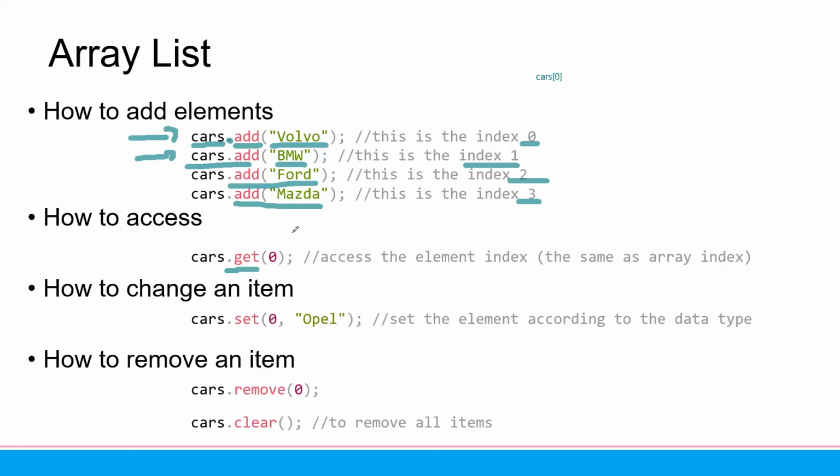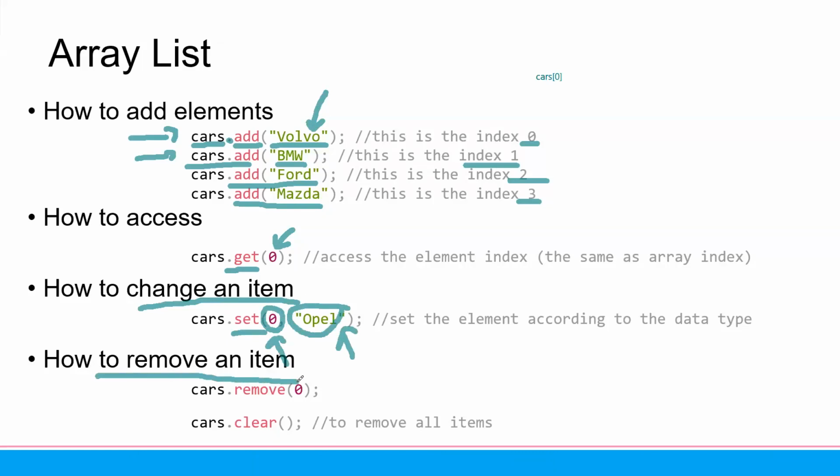In this case, I'm going to get index 0. And I can change the item. Let's say I'm going to change index 0. The original value is Volvo, and I'm going to change it into Opel. So I'm setting index 0 with a new value, which is Opel.